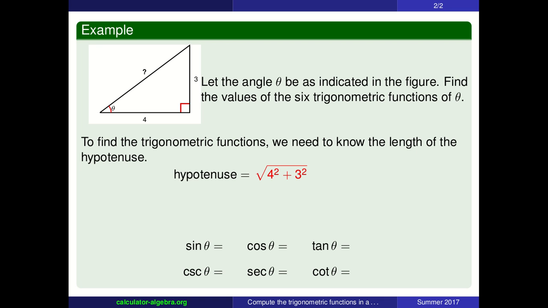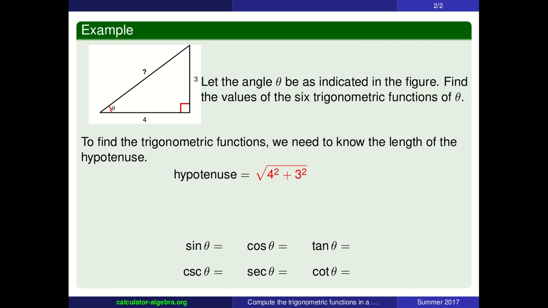So the hypotenuse of that triangle is equal to radical of 4 squared, 4 is the length of this leg, plus 3 squared, 3 is the length of that leg over there. You add those two squares, and then you take the radical. That's what one of the corollaries of the Pythagorean theorem says. So the hypotenuse is radical of 4 squared plus 3 squared.